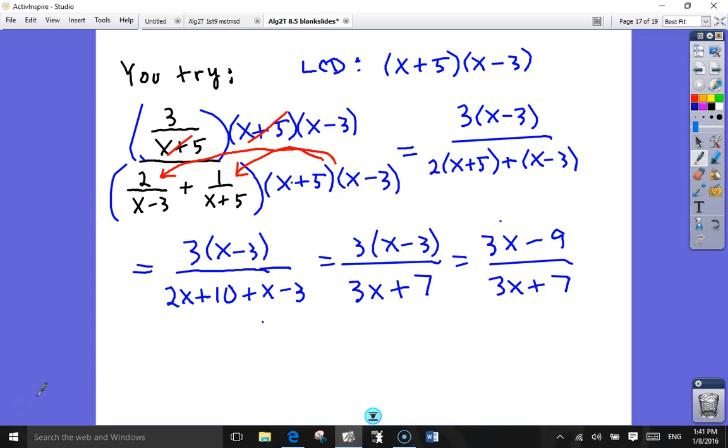LCD is x minus 3 times x plus 5. So I have to multiply this one by x plus 5 and this one by x minus 3. And now I've got 3 over x plus 5 divided by, these have the same denominator, x minus 3 times x plus 5. And these I've got to do this multiplication. That's 2x plus 10 plus x minus 3.